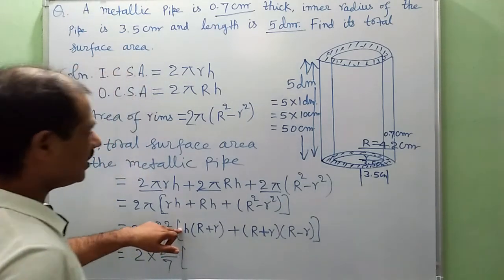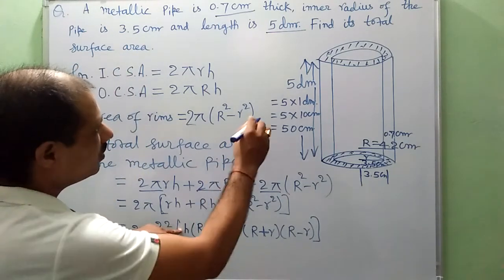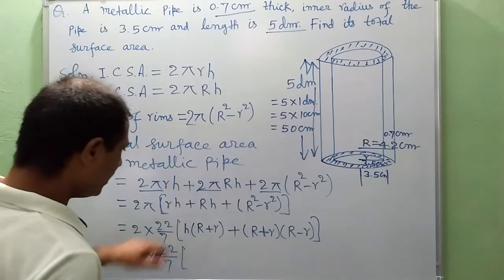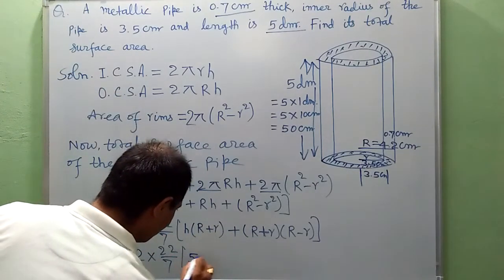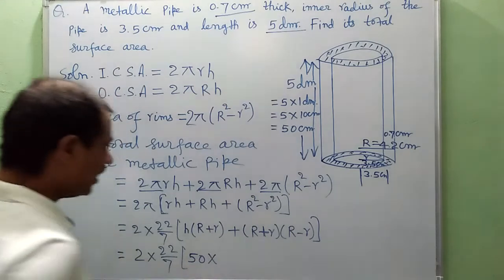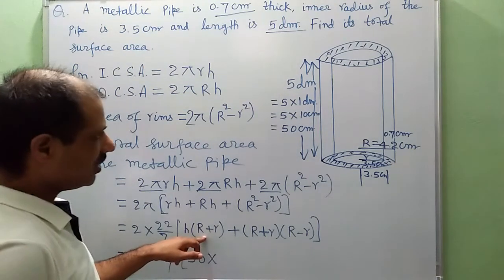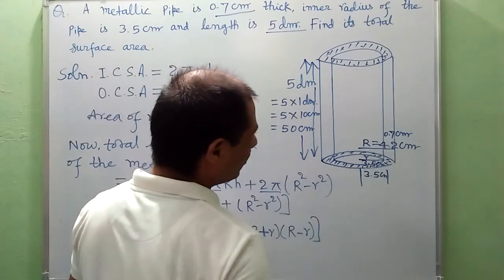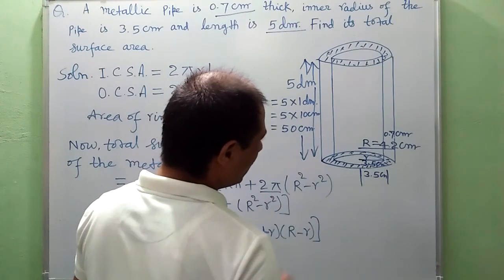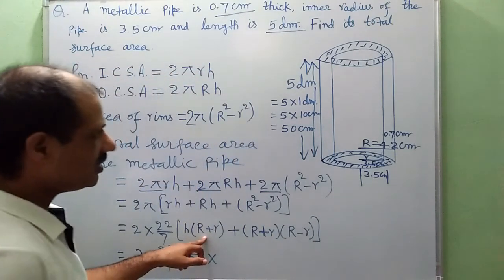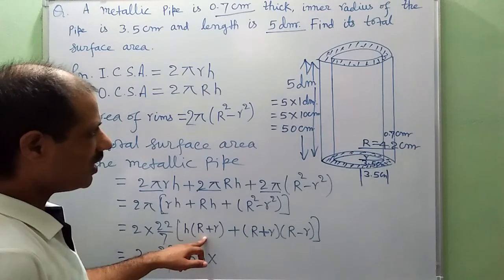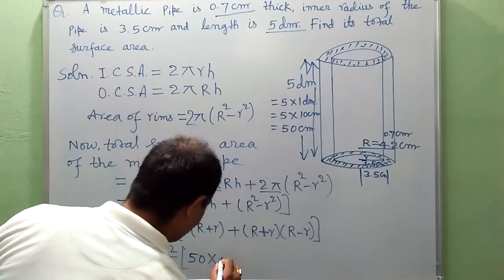This h is given 5 into 10 centimeter, that is 50 centimeter. R plus r, capital R 4.2 and small r 3.5, in this way we have 7.7.